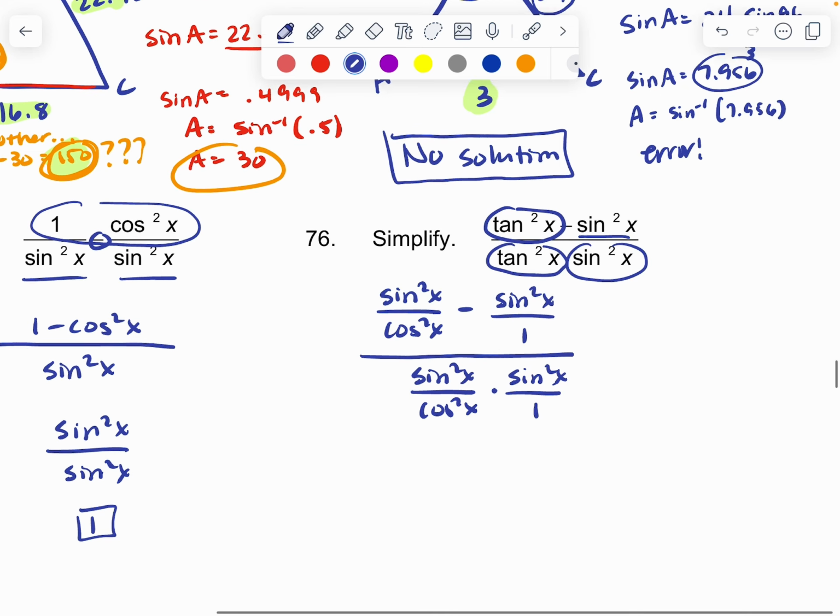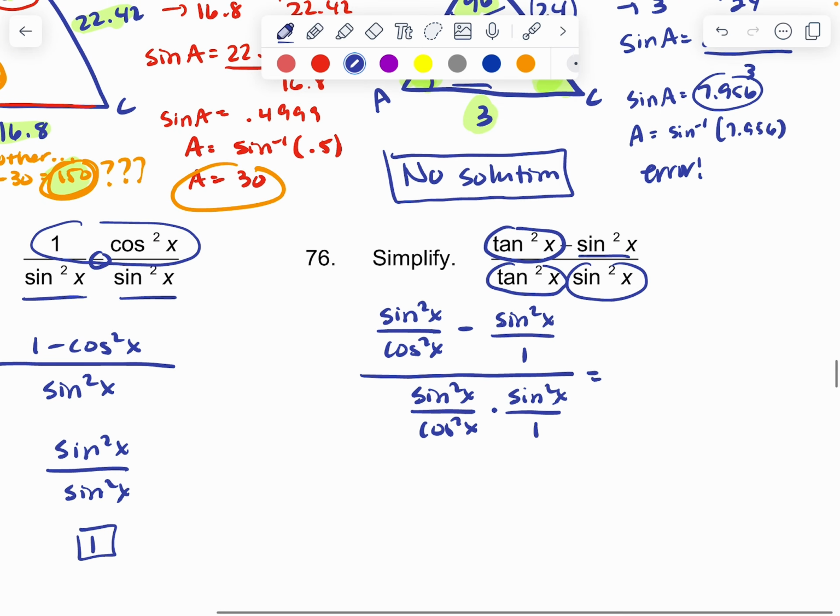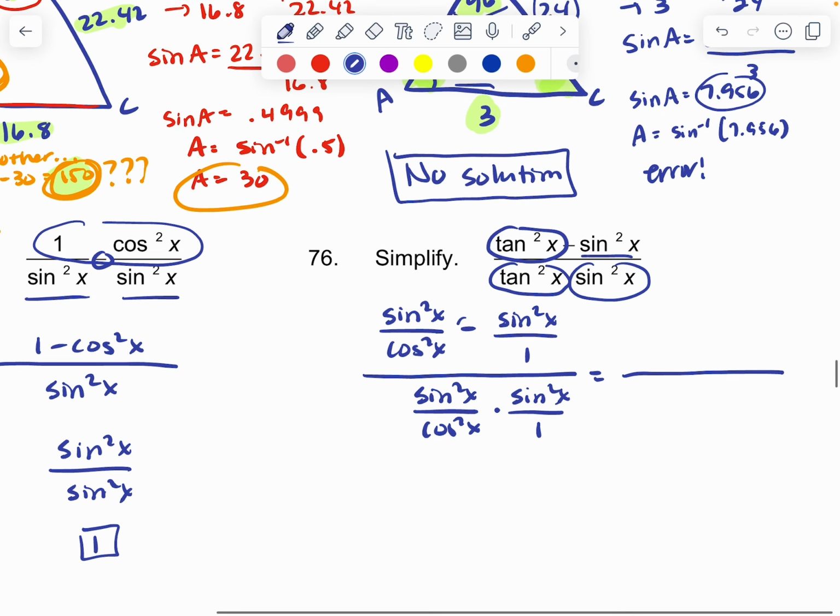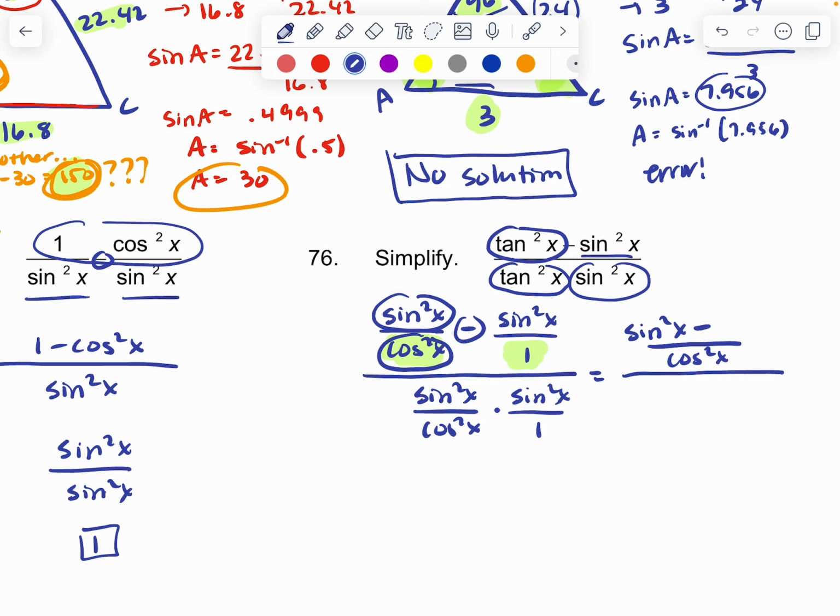Now, looking at the top here, let's simplify this. If I want to subtract two fractions, I need a common denominator. The common denominator for both of these, if I multiply them together, is just cosine squared x. This is already a cosine squared, so this is going to stay a sine squared. I did not need to change that. And then minus.